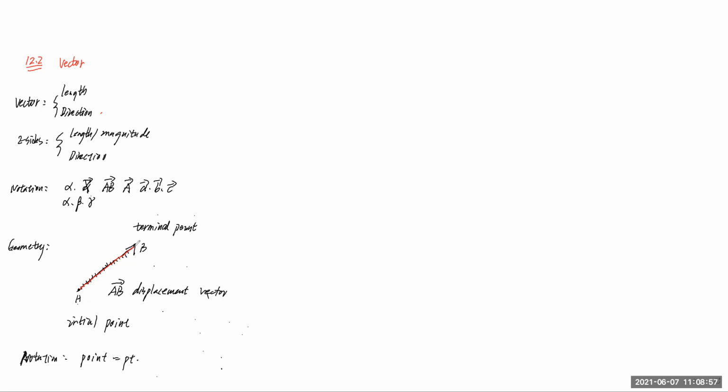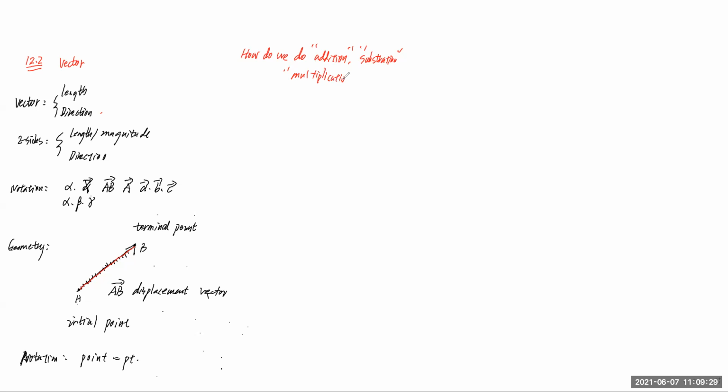So if we have vectors, how do we do addition, subtraction, multiplication?